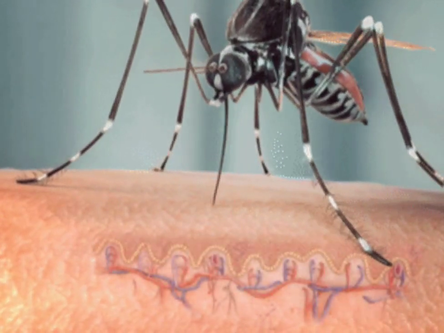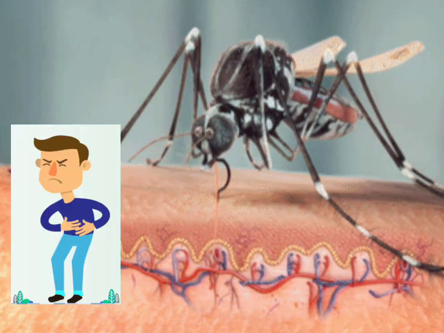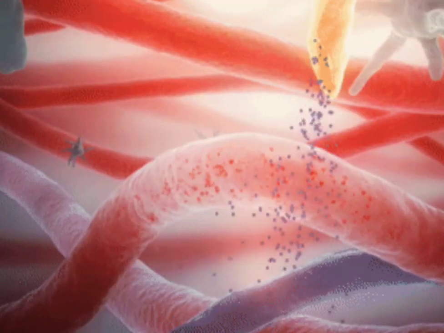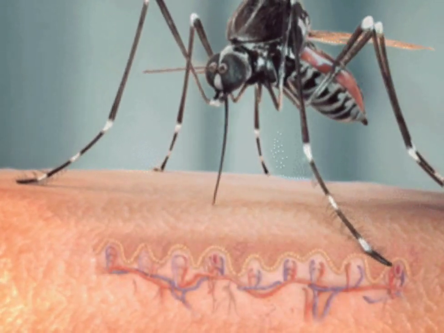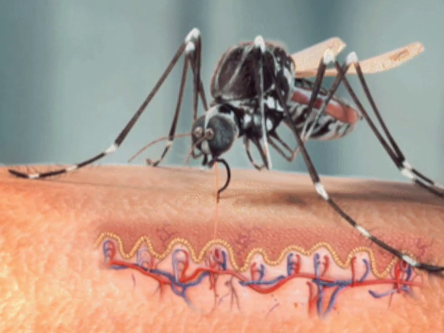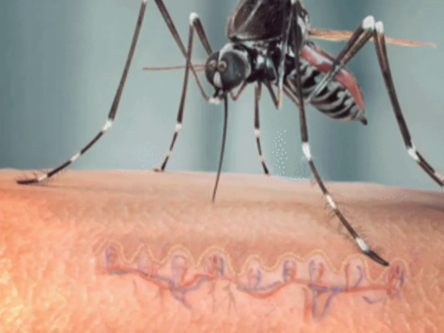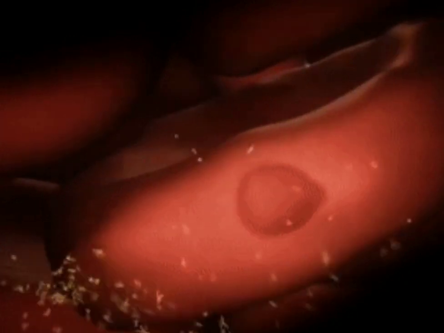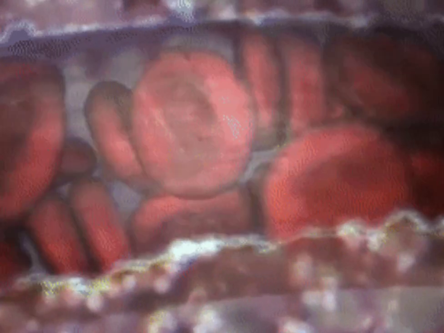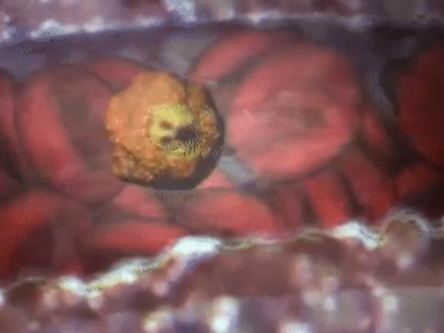Another symptom is vomiting, convulsions and arthralgia, which is joint pain in the patient's body. Another is anemia due to rupturing of RBCs. In malaria, the RBCs are ruptured after the infection of Plasmodium vivax. When it is injected by the infected mosquito inside the human body, the RBCs are ruptured and it causes anemia.